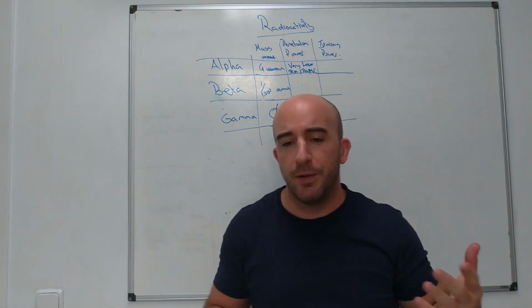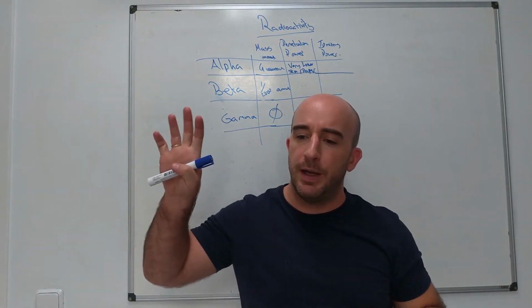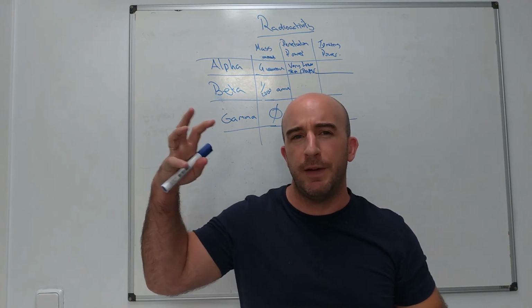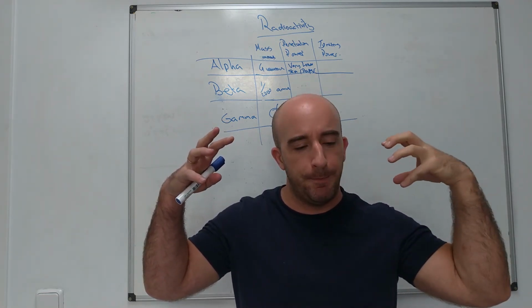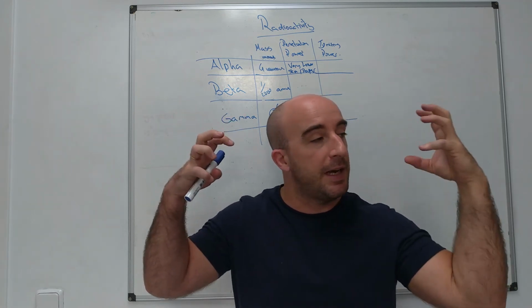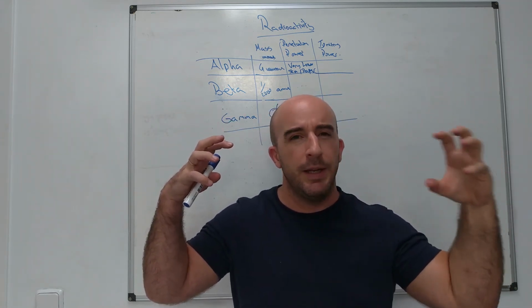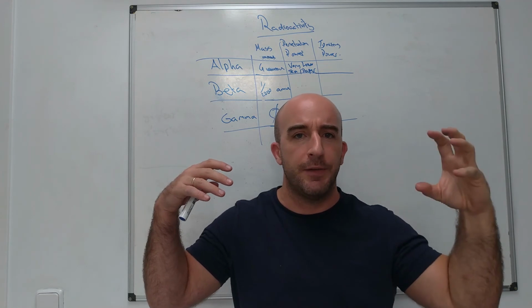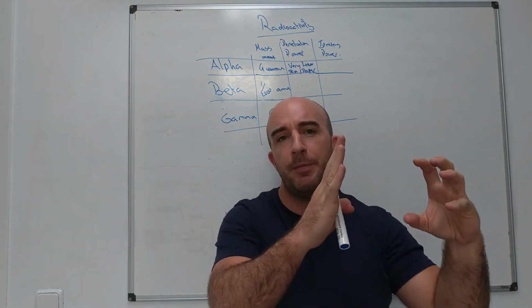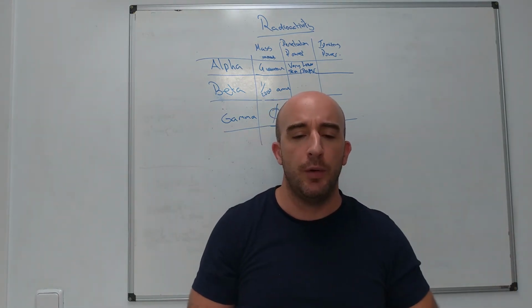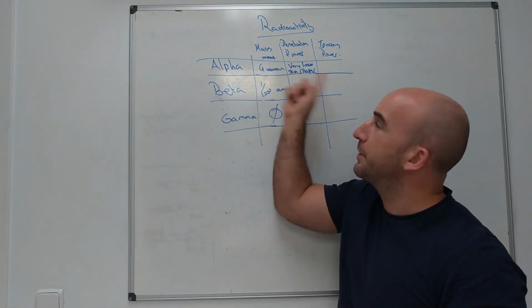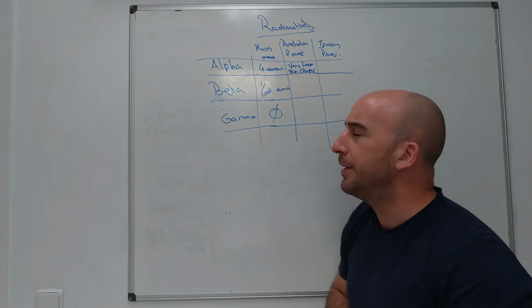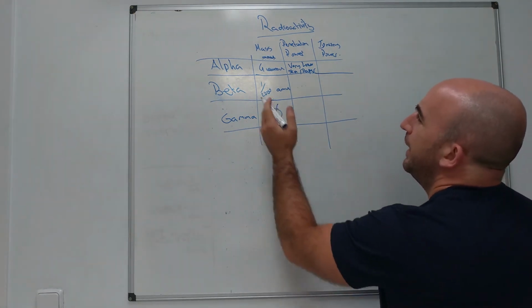So a question in theory could be, if we put a radioactive emitter that emits alpha particles and a scanner here, a radioactive detector, if we put a piece of paper, which particles will it stop? Well, alpha is stopped by either skin or paper. It's got very low penetration power.